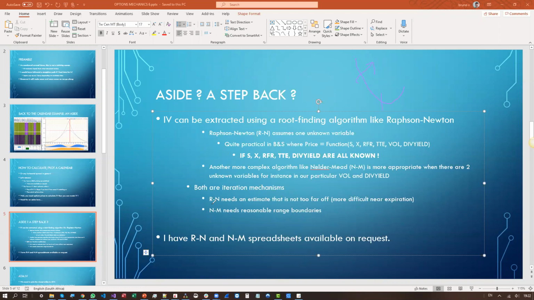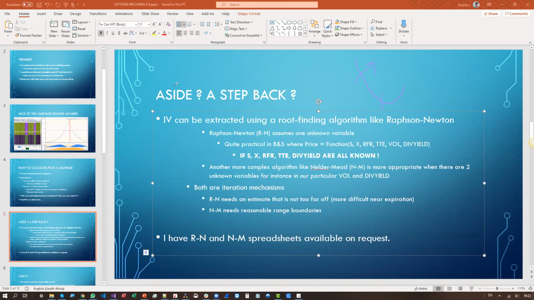You don't need a single estimate, but you need a range, basically saying that IV will be somewhere between 10 and 20%, and then it will work okay. For those who are interested, Raphson-Newton is included in my Black-Scholes spreadsheet, and I've got a separate spreadsheet for Nelder-Mead, which I'm happy to share if there are people interested.